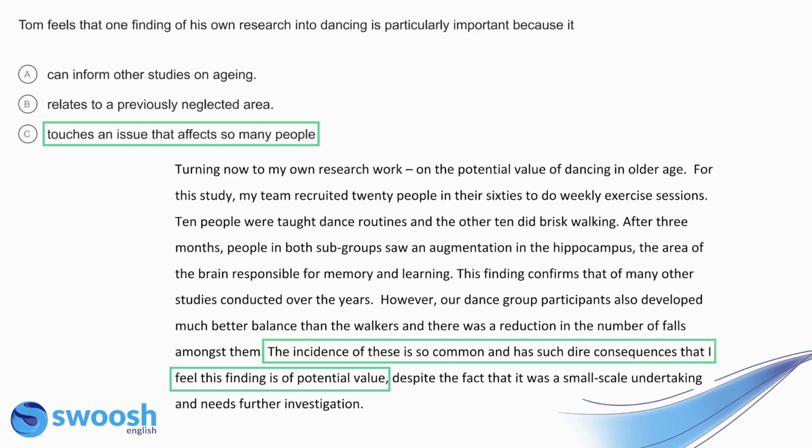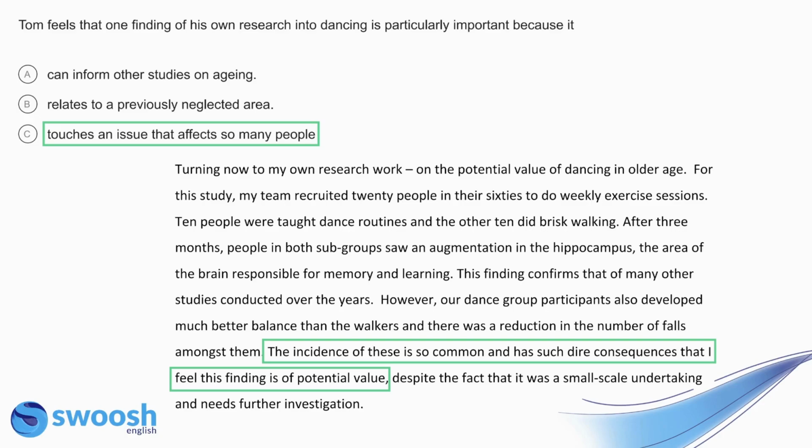It's so common. And has such dire consequences that I feel this finding is of potential value. So you can again see how this has been paraphrased. In the question, it says it's particularly important, and the speaker actually says, I feel it's of potential value. So you can see once again, we've got use of distractors, and also here we have to kind of infer the correct answer from what the speaker says.